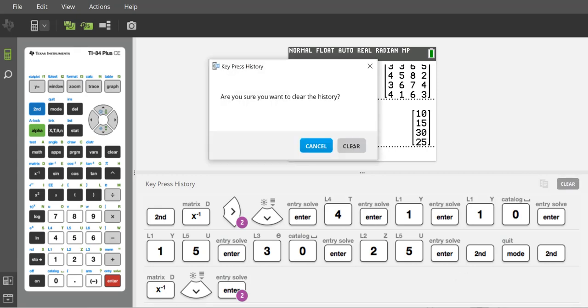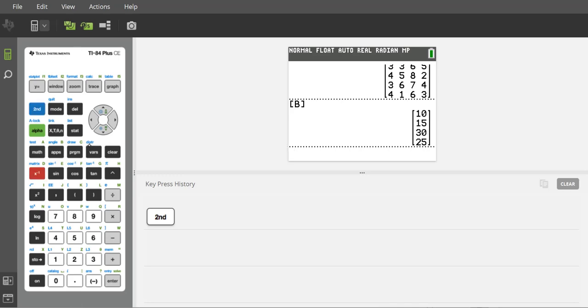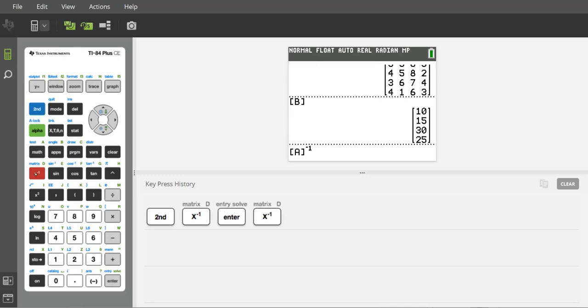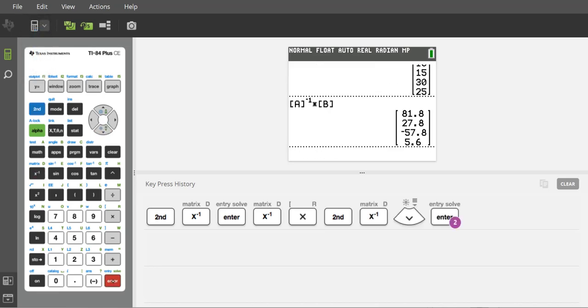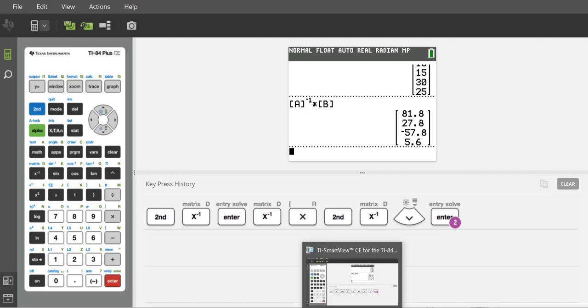Okay, now I want to type in matrix A inverse times matrix B. Hit enter. All right, 81.8.